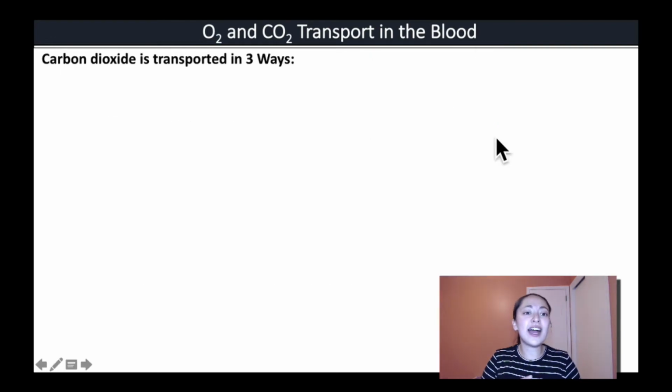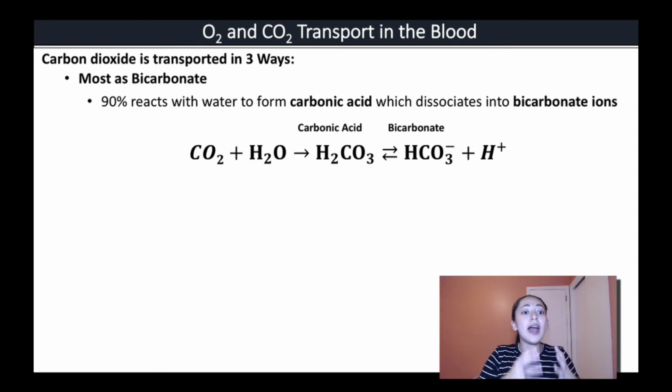Carbon dioxide, however, is going to be transported in a very different way than oxygen. Carbon dioxide is very soluble in blood, and it can react a lot with water. So 90% of your carbon dioxide that enters your blood is actually transported as a molecule called bicarbonate.